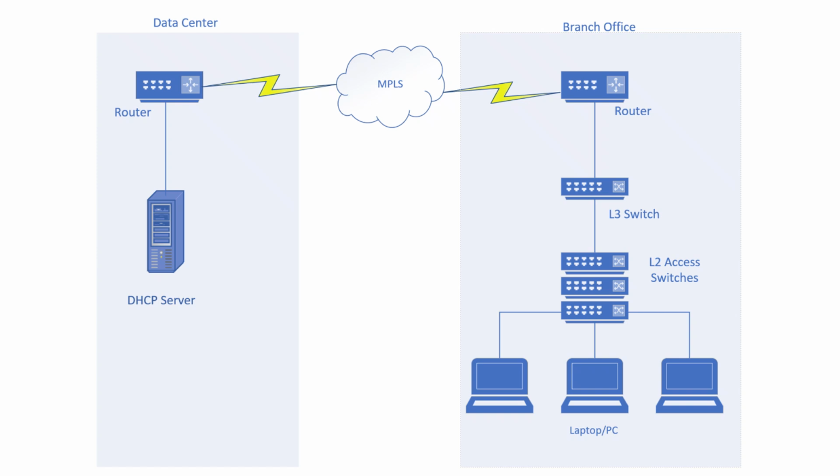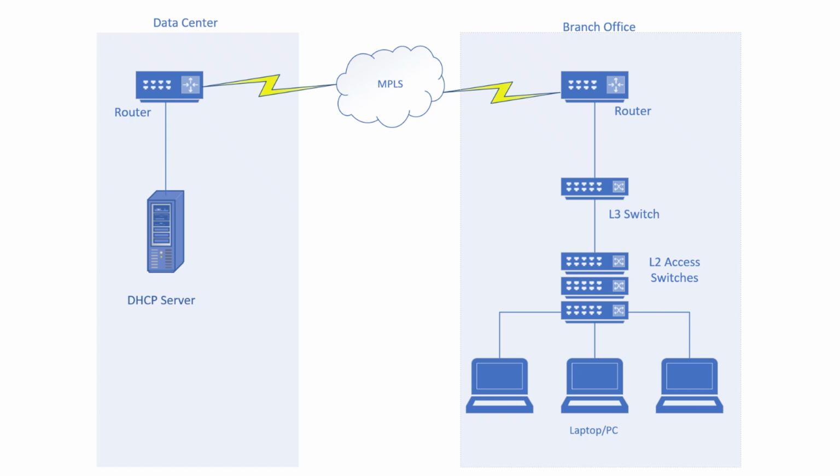Now, in this design, DHCP is not local to the branch. The L3 switches have SVIs where DHCP relay is configured. So anytime a client sends a DHCP Discover, the request gets forwarded all the way to the DHCP server in the data center.